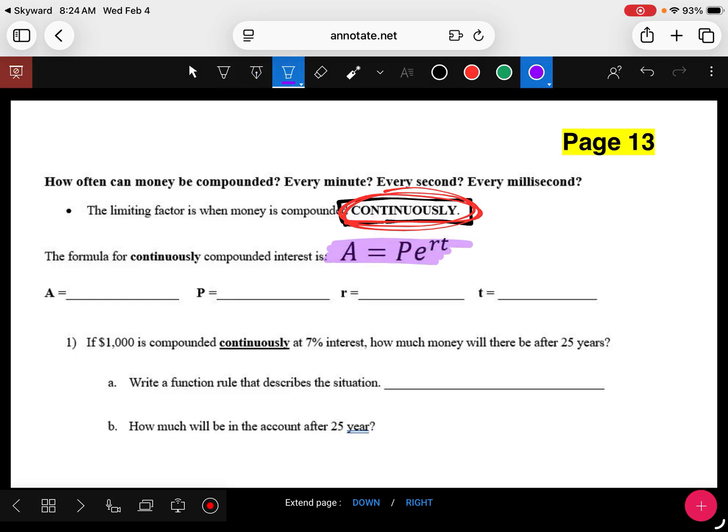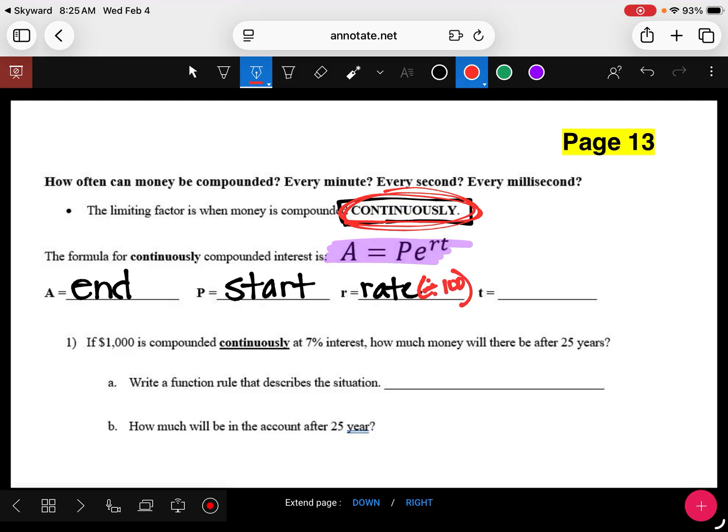Just like the old formulas, A is still your ending value. P is still your starting value. R is still your rate. You still have to divide that by 100. And T is still time in years. Except now we're using the E key. Again, only if you see the word continuously.